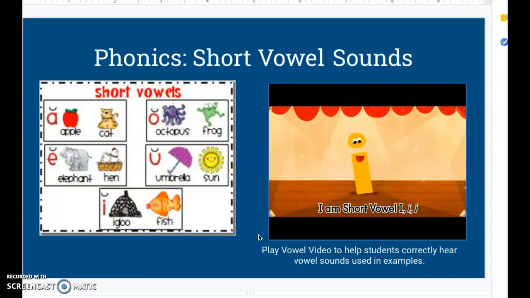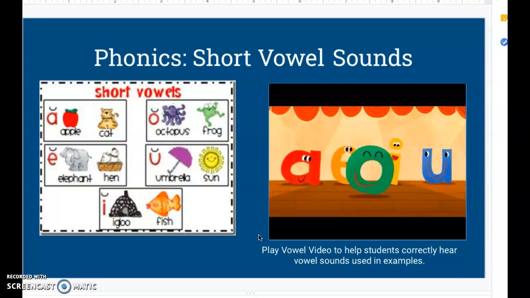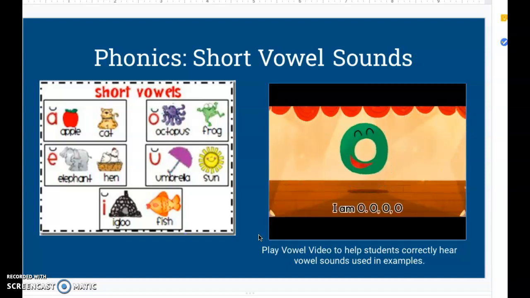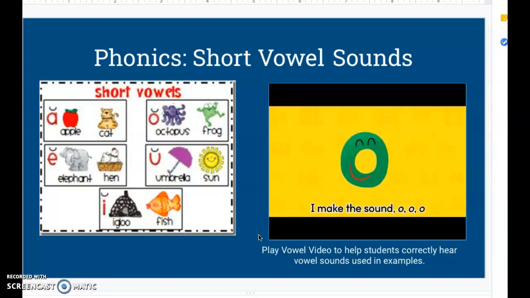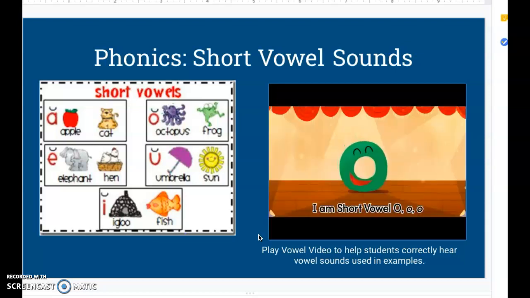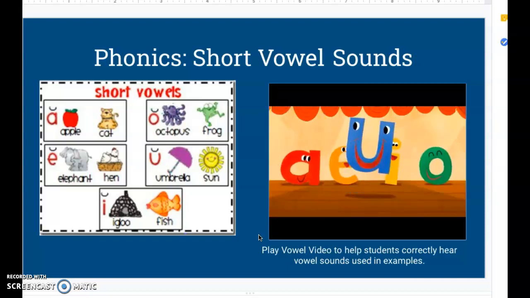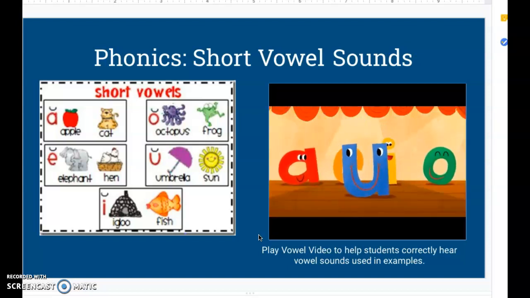I am short vowel I. Ooh, is it my turn now? I am O. I make the sound dog. I am short vowel O. Yeah, it's finally my turn.